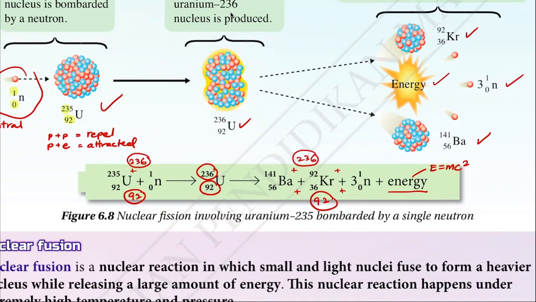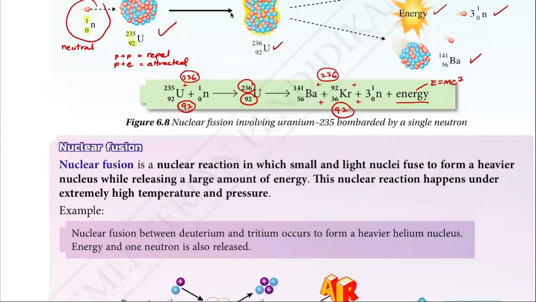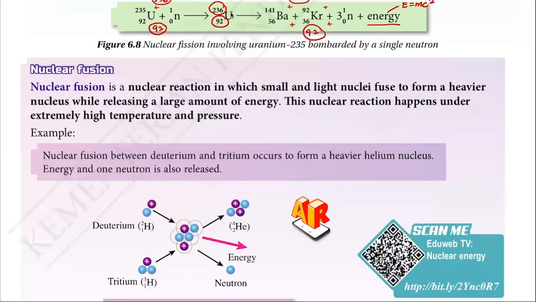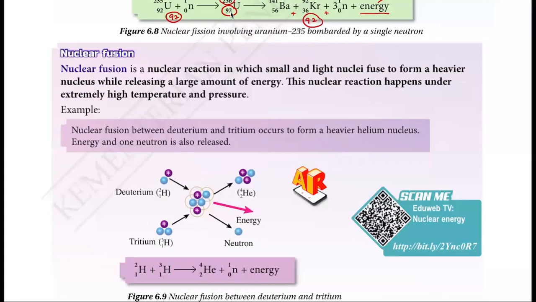Okay, next one is nuclear fusion. Fusion means you combine. Nuclear fusion is a nuclear reaction in which small and light nuclei fuse to form a heavier nucleus while releasing a large amount of energy. Previously, fission splits a heavy nucleus into two or more lighter nuclei.